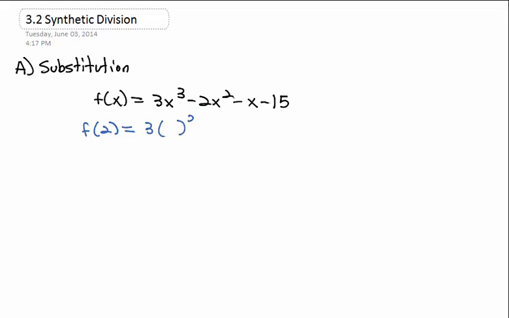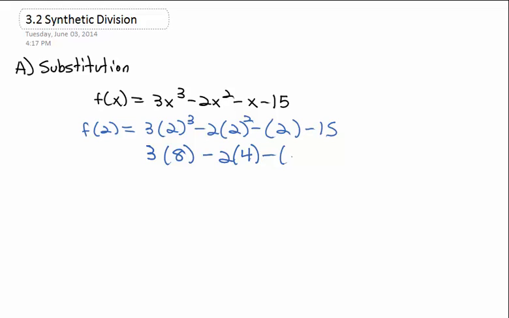So it would be 3 times 2 cubed minus 2 times 2 squared minus 2 minus 15.